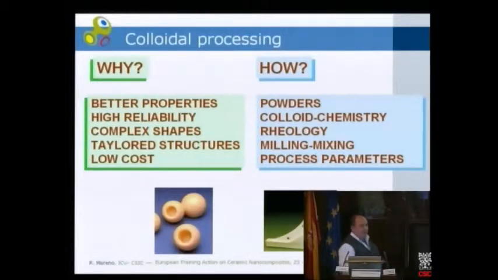Obviously, the colloid chemistry and the rheology are dependent on the additives, the nature of the powders, the size, and all the aspects treated by Paul, and also on the milling and mixing conditions we have used to prepare the dispersion. Eventually, we must consider the different parameters involved in each of the forming processes we have available.